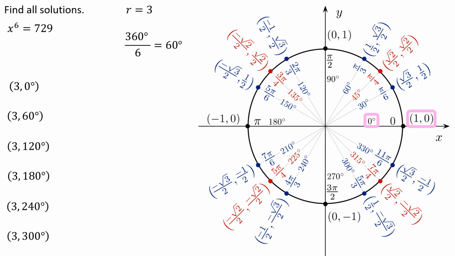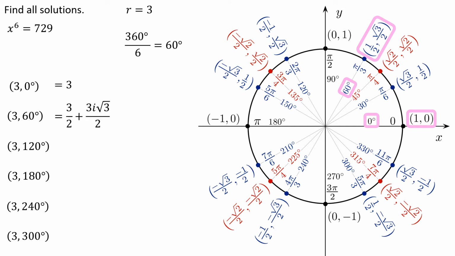Of course, at 0 degrees, cosine is 1, so 3 times 1 is 3. Sine is 0, well, 3 times 0 is 0. 60 degrees, well, 3 times 1/2 gets me 3 over 2. 3i times root 3 over 2.